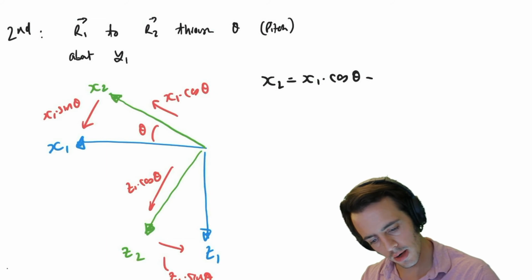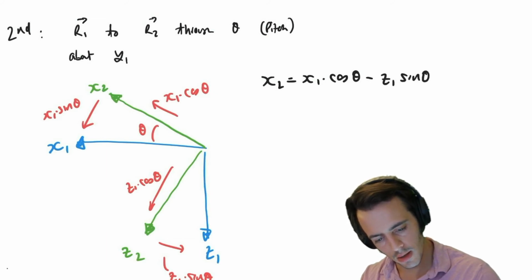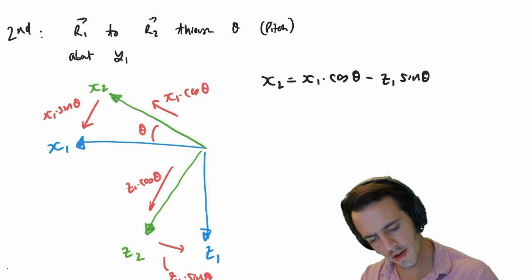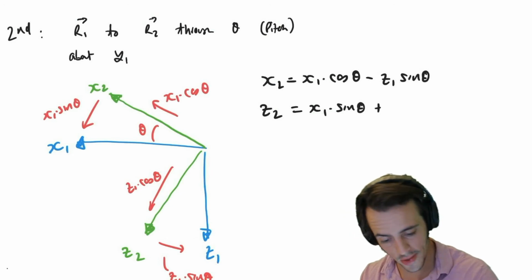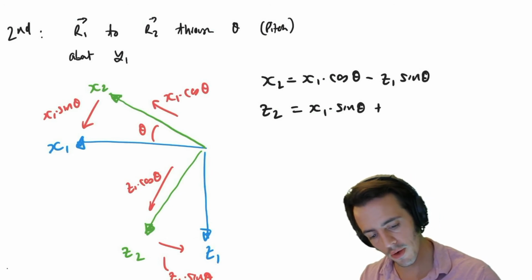I see I've got x1 cosine theta, and I've got minus z1 sine theta. And then in the z direction, I've got z2, I've got x1 sine theta. I know it's going to be cosine, it's going to be positive anyway, but I'm just going to go through that. So it'll be z1 cosine theta.